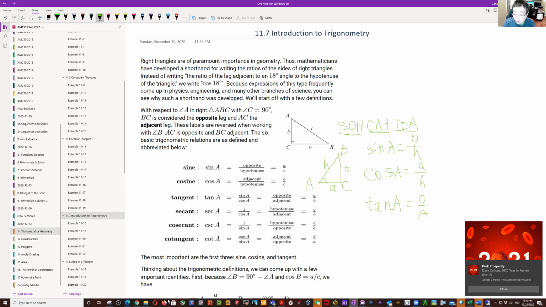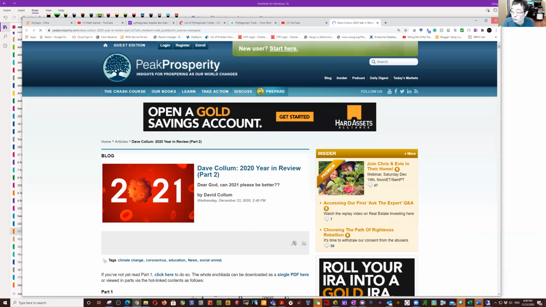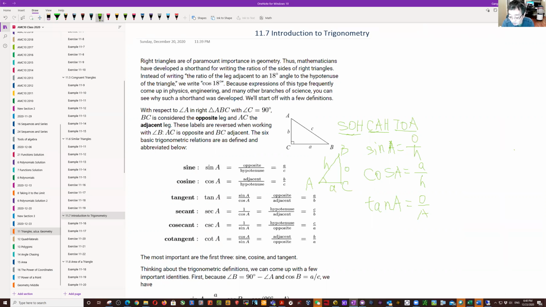The rest you can get from the reciprocals. What's the reciprocal of tangent? It's cotangent. So cotangent A is the reciprocal of tangent, which is adjacent over opposite.